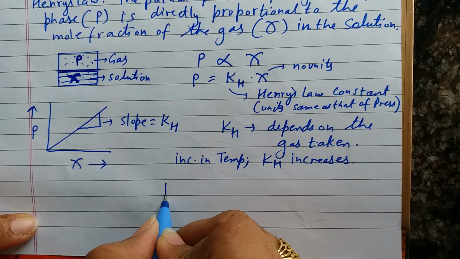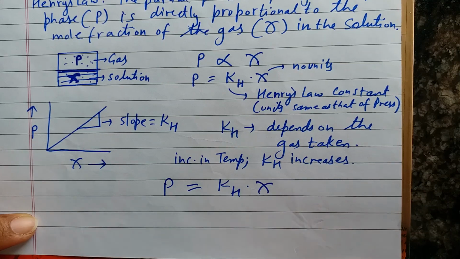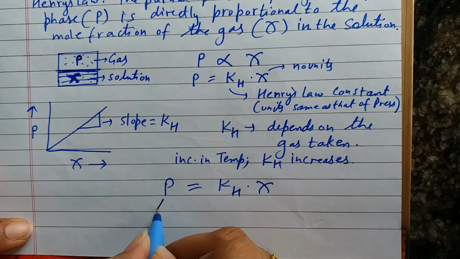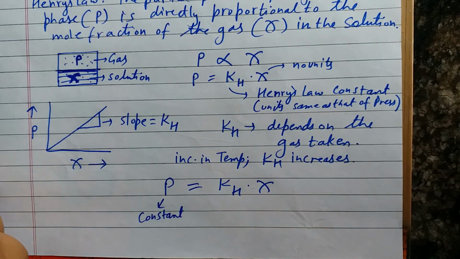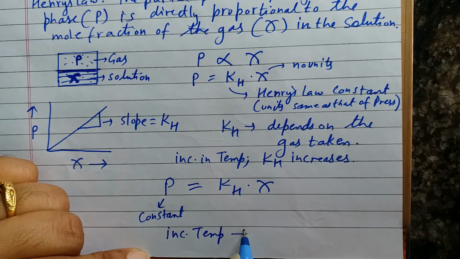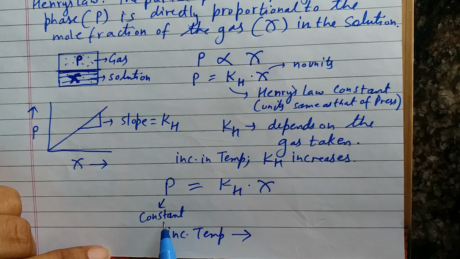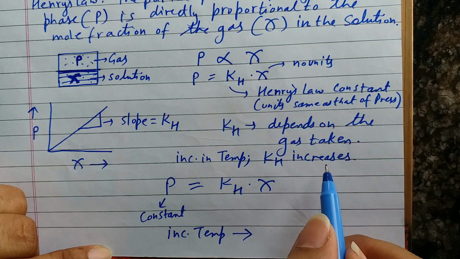So look at the situation. P equals KH into chi. Let's keep the pressure constant. If the pressure is constant and you increase temperature, what happens to KH? With increase in temperature, KH increases.